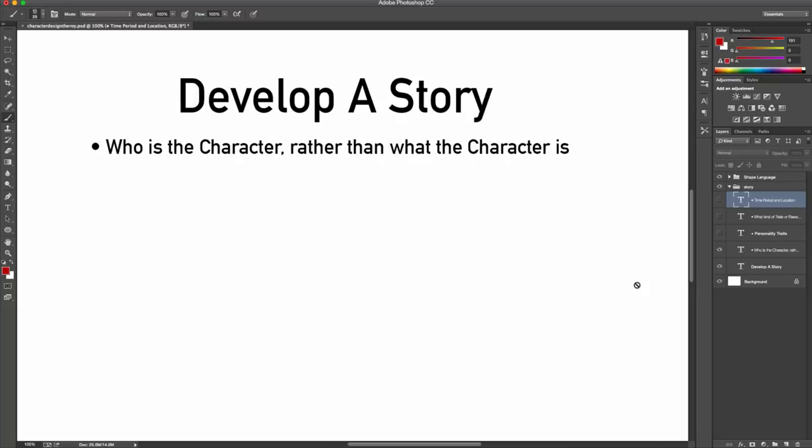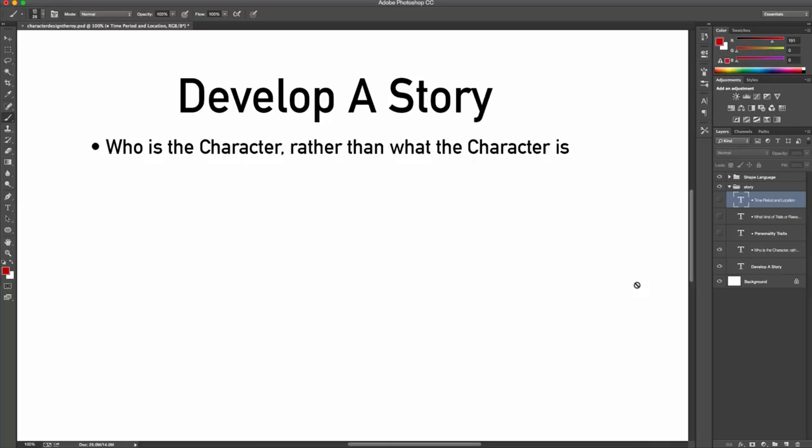But how about you focus on what this guy has gone through, and is he ravaged by the age of time because he's been in wars and struggles with poverty, or he's struggling with the loss of loved ones. There are things you want to understand about who that character is rather than what the character is.